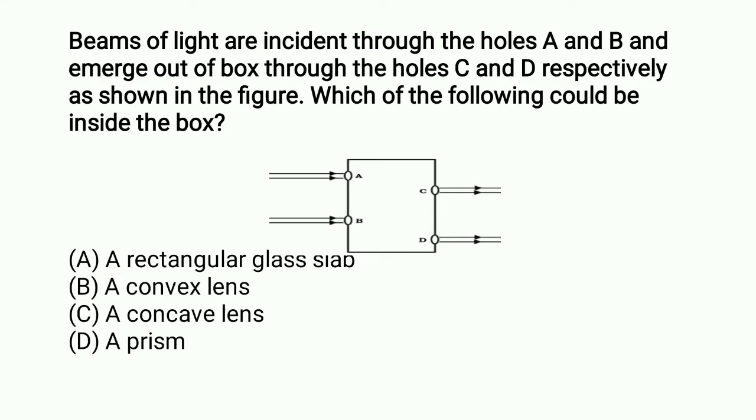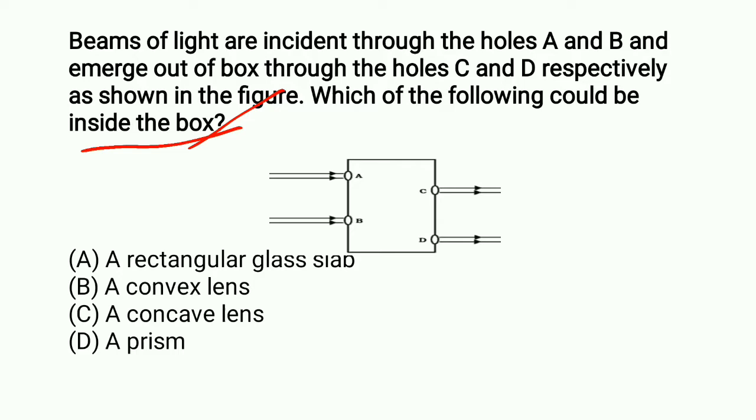Beams of light are incident through the holes A and B and emerge out of the box through the holes C and D respectively, as shown in the figure. Which of the following could be inside the box?